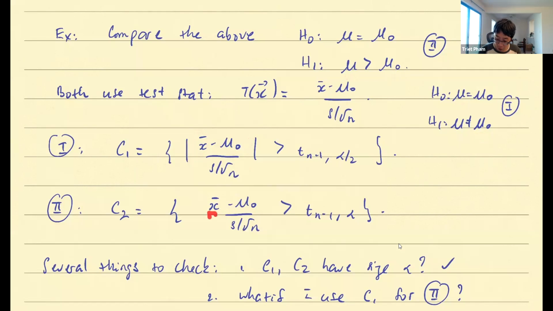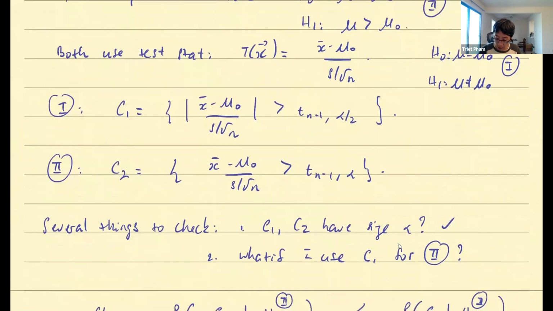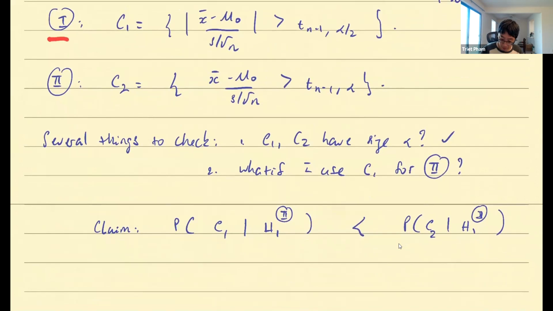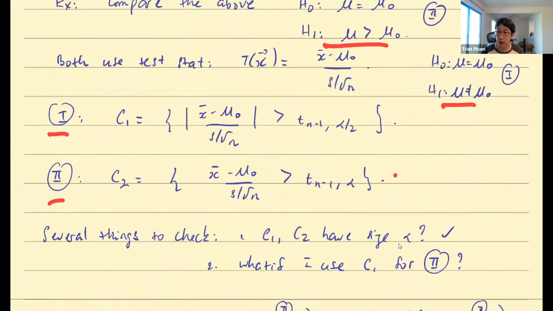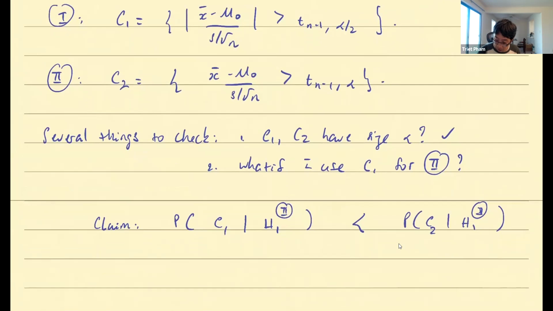Therefore, we reject if X bar is sufficiently bigger than mu naught in the positive direction. We do not reject if it's different from mu naught in the negative direction, for example. But underlying this choice is the influence of H1. I just want to point that out, and if you have time, you can try to think about how to show that.